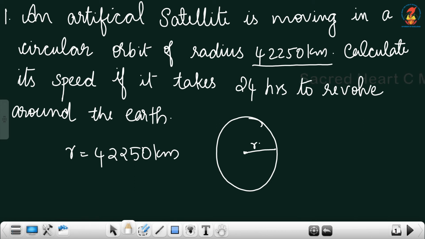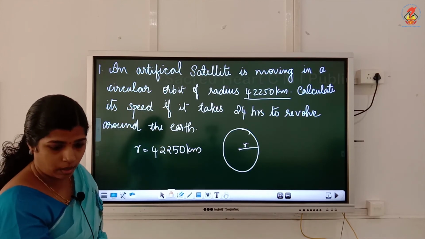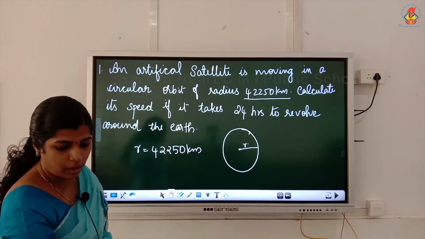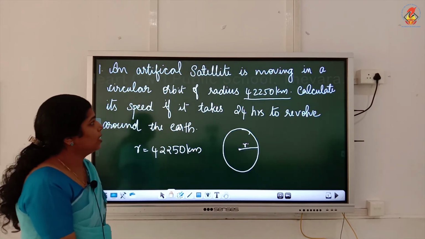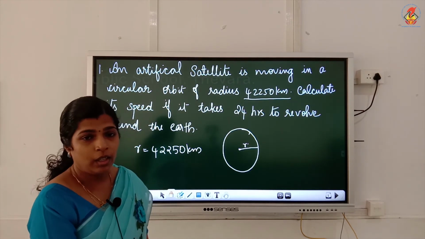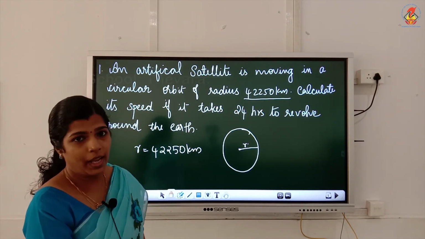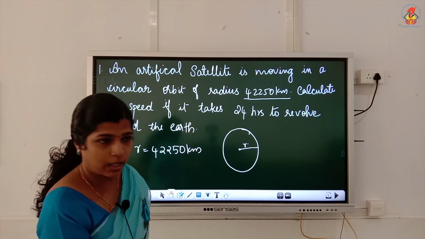Either you can write the answer in kilometer per hour or you can write it in meter per second. It is easy to find the speed in kilometer per hour, then you multiply with 5 by 18, so you will get the answer in meter per second.